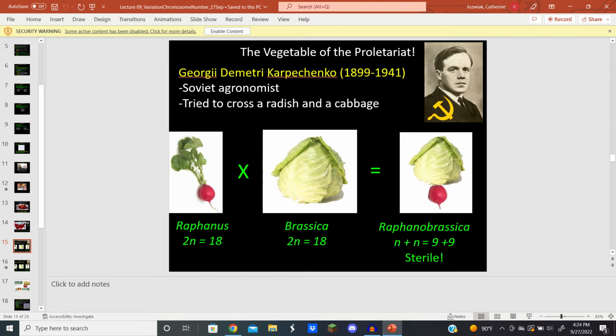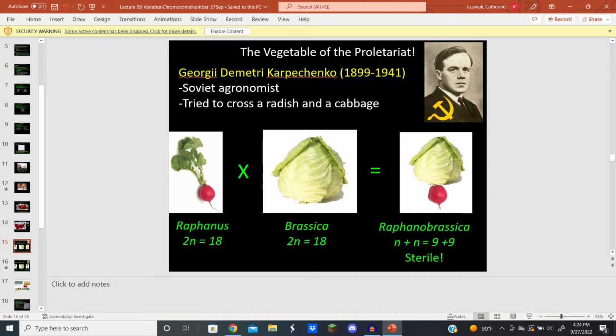Okay, so we could call the hybrid a rabbage or a caddish or Raphanobrassica. And as it turns out, these two different genera are closely enough related, and they have a similar number of chromosomes. If you look at the number of chromosomes in the cell, right, they had 2N of 18.